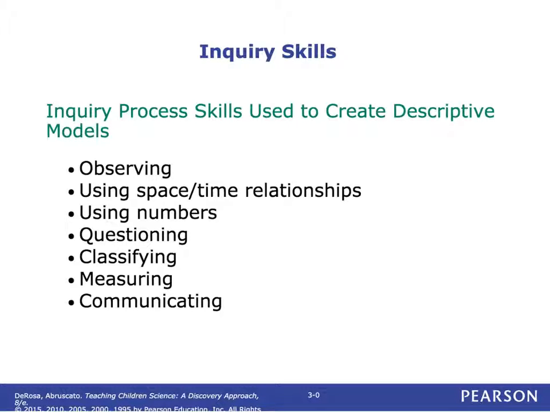What about using space-time relationships? Objects all occupy a place in space. So we can use inquiry skills to describe or determine direction, arrangements in space, motion, speed, symmetry of something, or its rate of change.